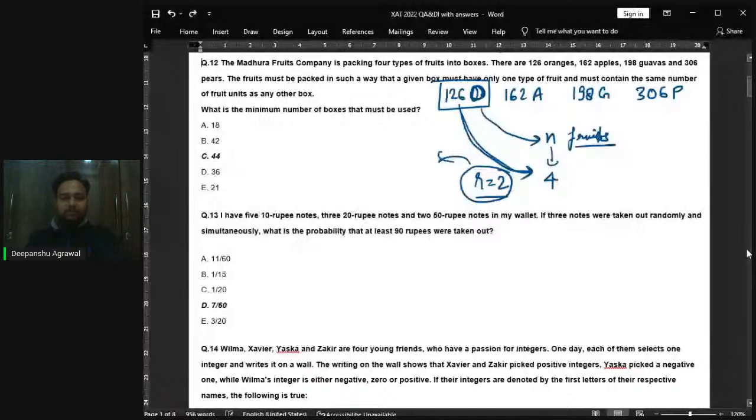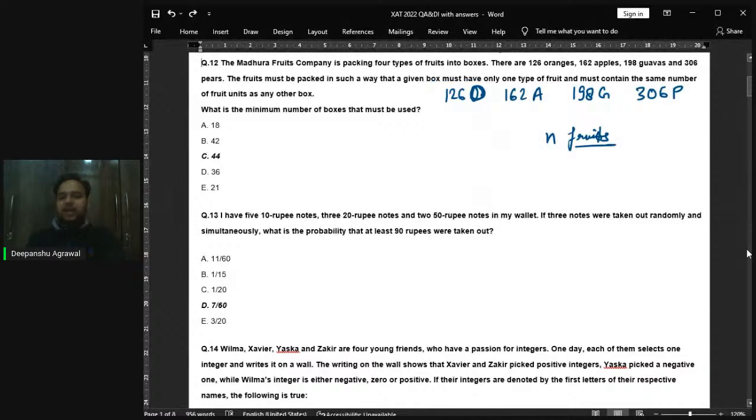Okay, and the number of fruits in each box should be a factor of 126, 162, 198, and 306 as well, because 162 has to be divided completely in groups of n fruits. 198 should also be divided perfectly in groups of n fruits. 306 should also be divided in groups of n fruits, right?